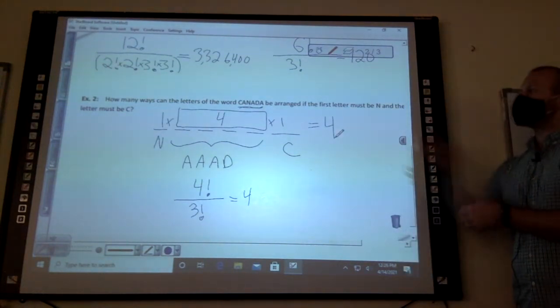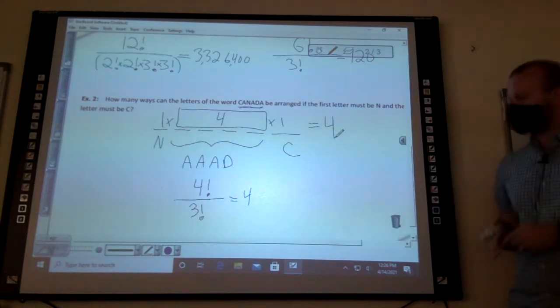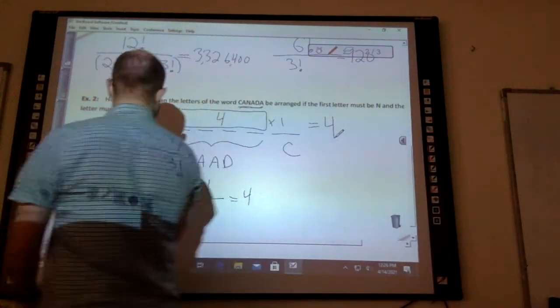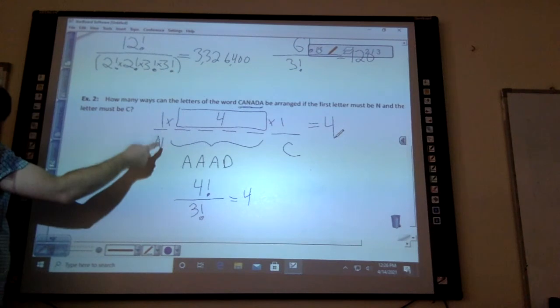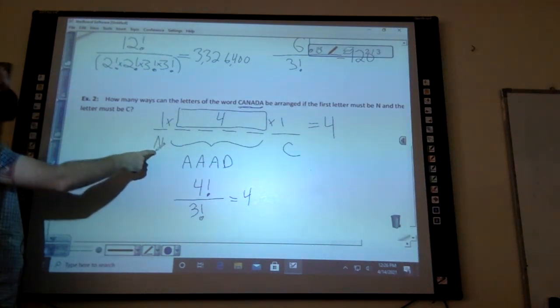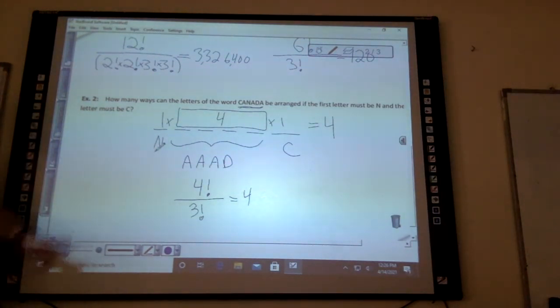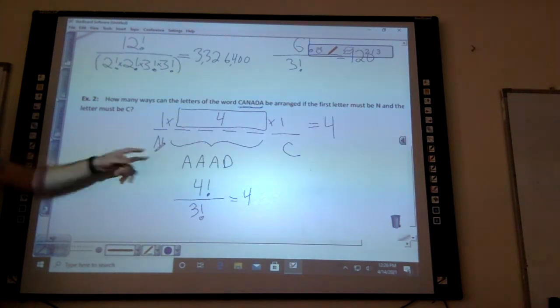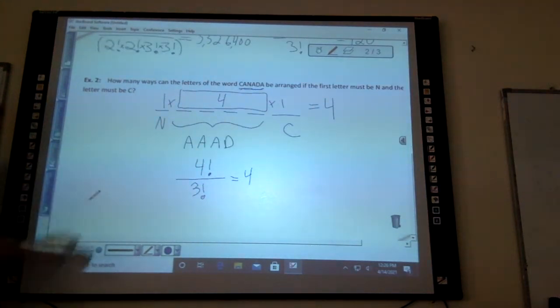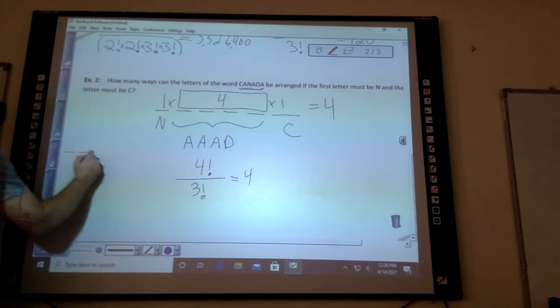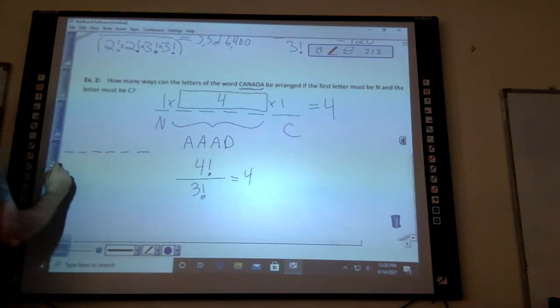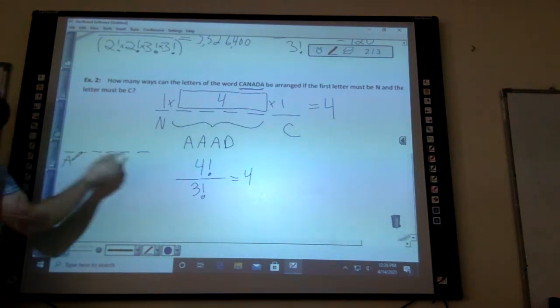Now, I wrote this out explicitly because sometimes I might say, let's say the first letter has to be A. So if the first letter had to be an A, how would this change? So 1, 2, 3, 4, 5, 6. If I said this has to be an A, this has to be a C.